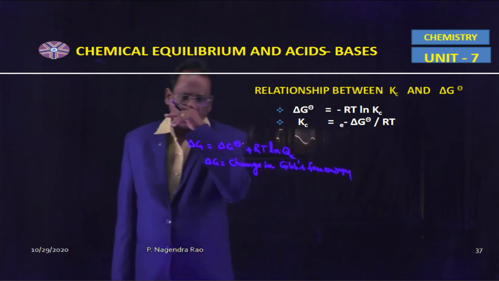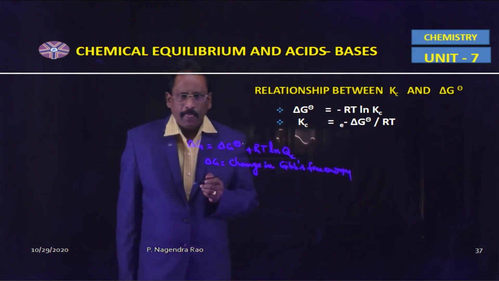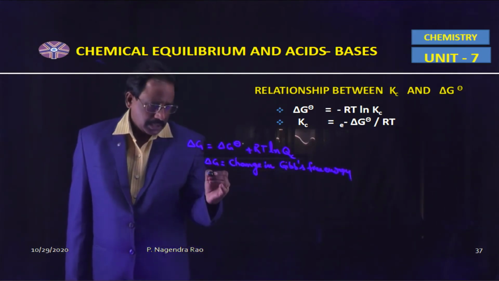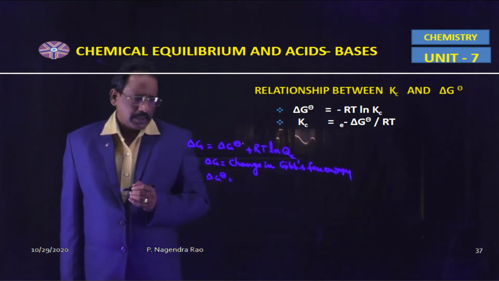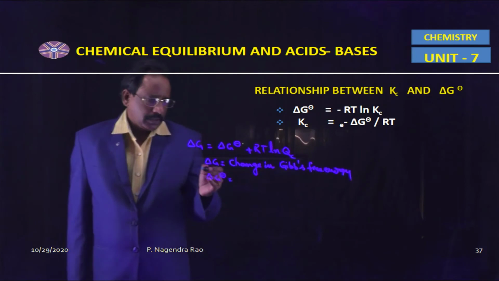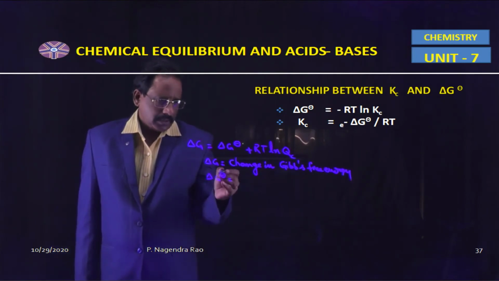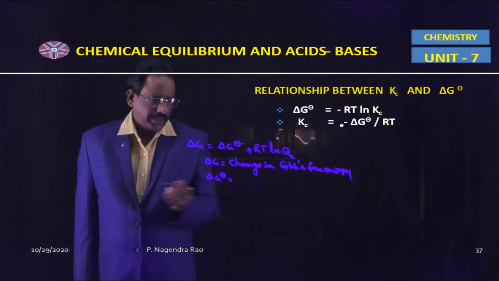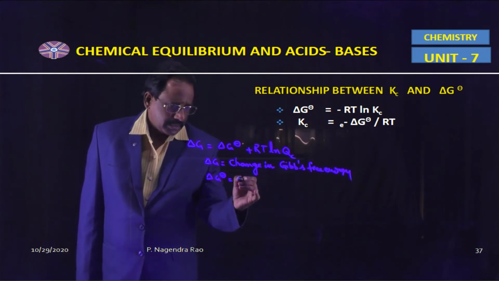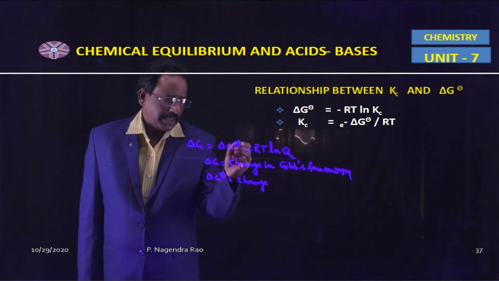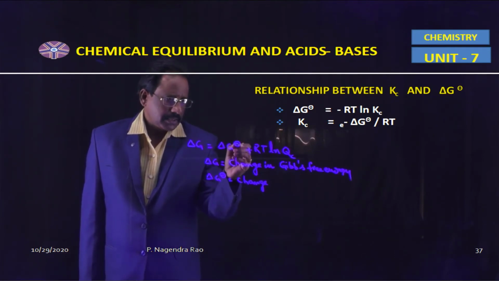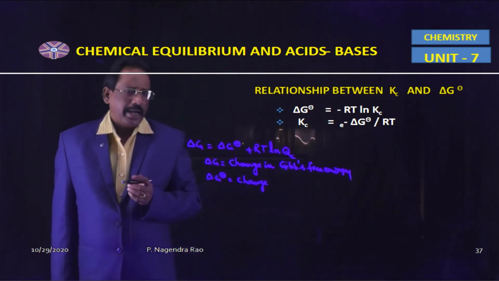It is also one of the energy systems in thermodynamics. And delta G with the circle and hyphen indicates the change in Gibbs free energy. This mark indicates the system is at standard conditions.